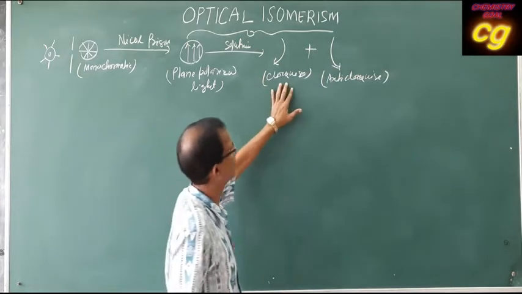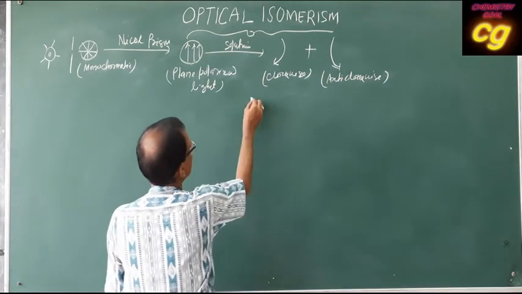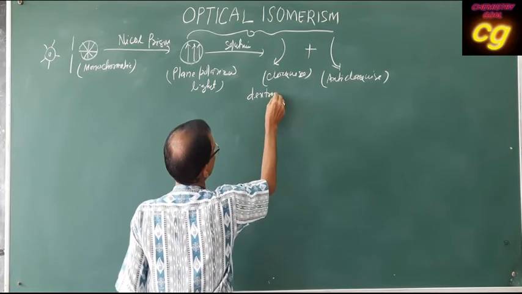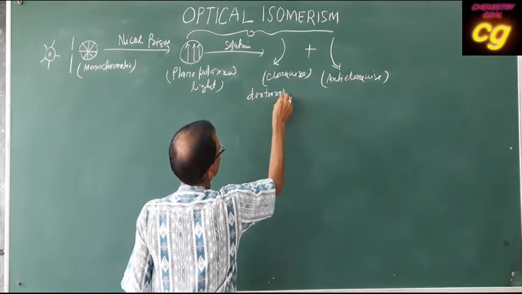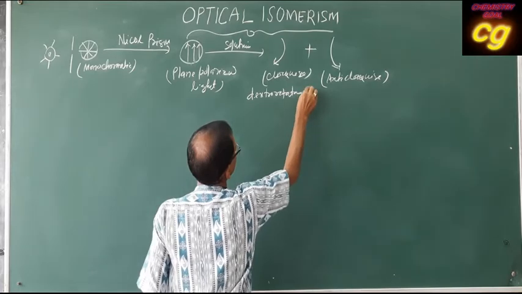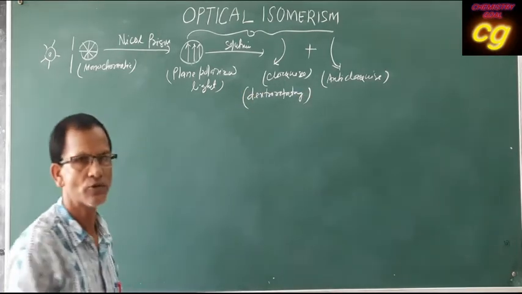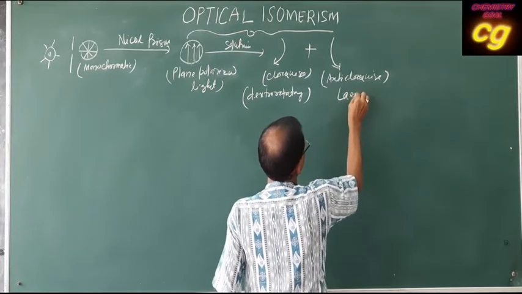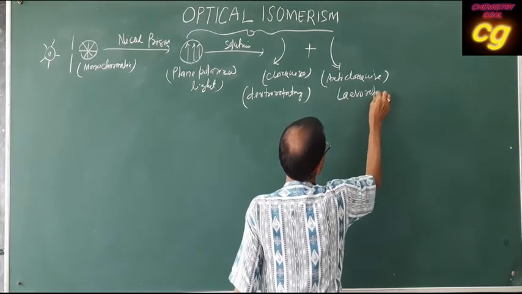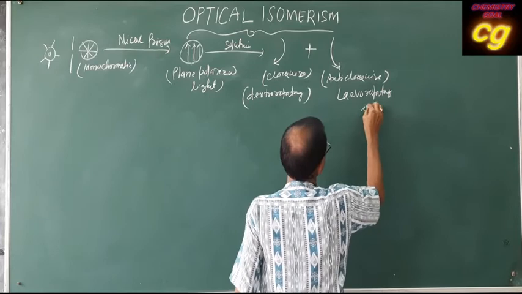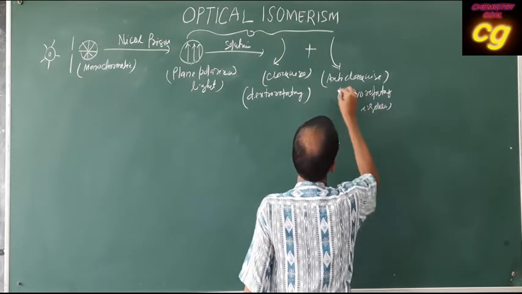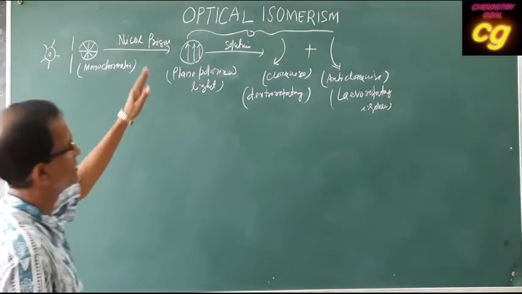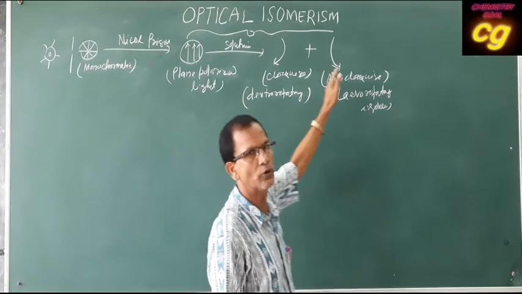If it rotates clockwise, this is called dextrorotatory. This is called dextrorotatory isomer. If anti-clockwise, this is called levorotatory isomer. So there are two types of optically active isomers, dextrorotatory and levorotatory.